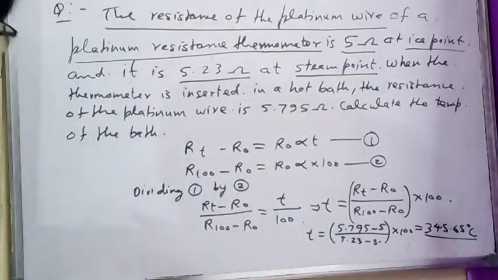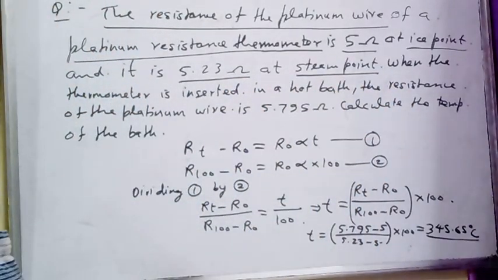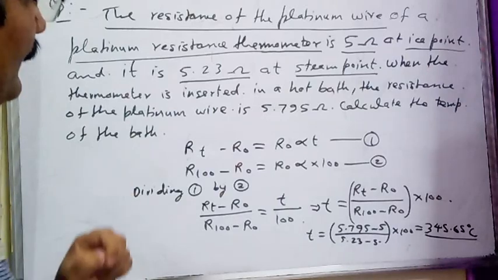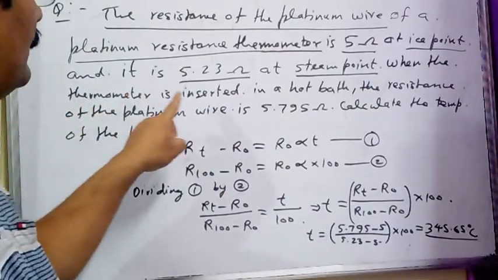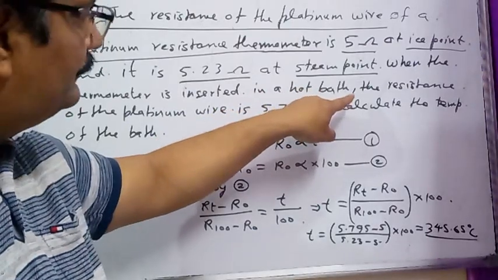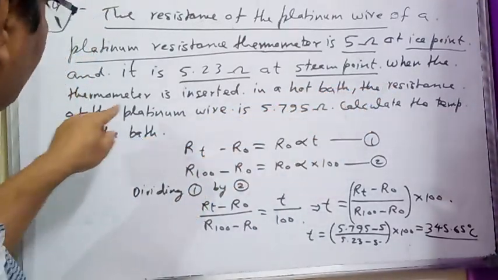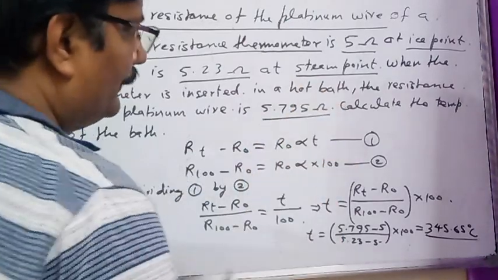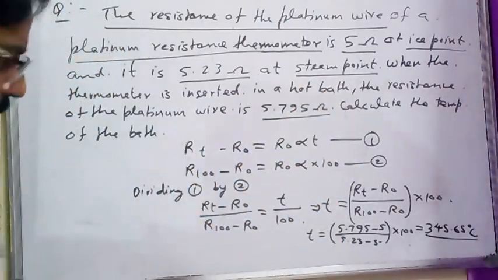Steam point means boiling point of water, 100 degrees Celsius. At 100 degrees Celsius the resistance of the wire is 5.23 ohm. When the thermometer is inserted in a hot bath, the resistance of the platinum wire is 5.795 ohm. Calculate the temperature of the bath.